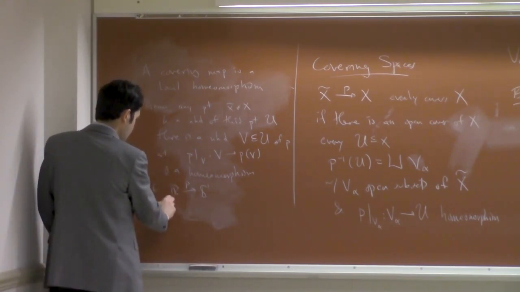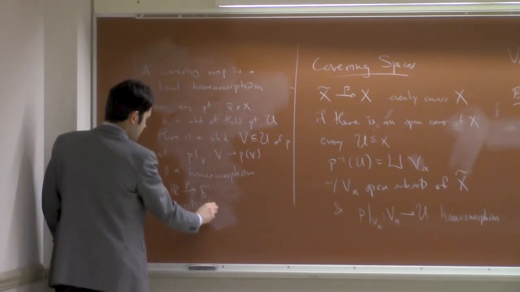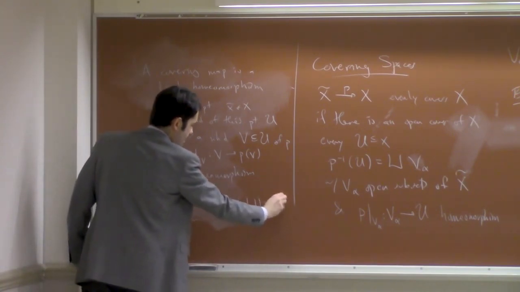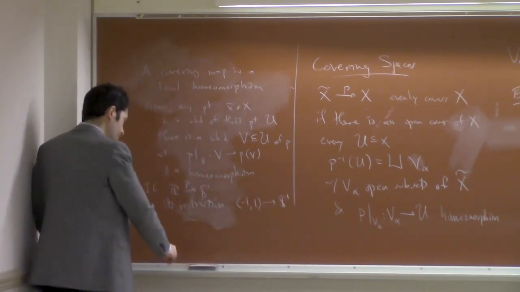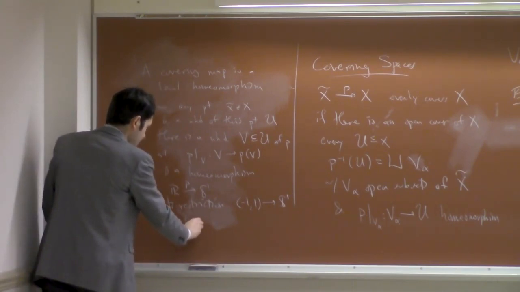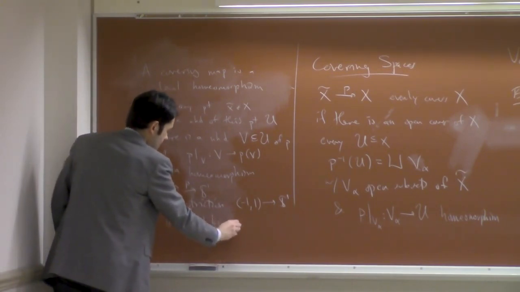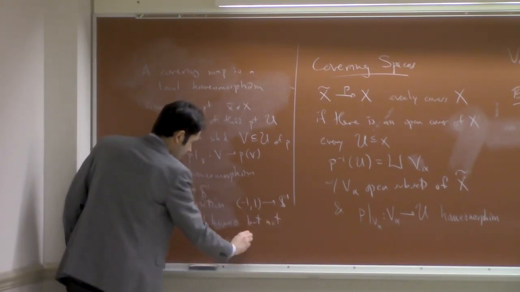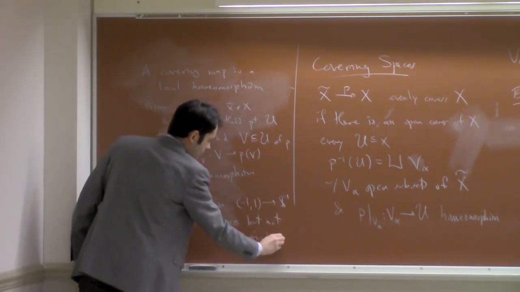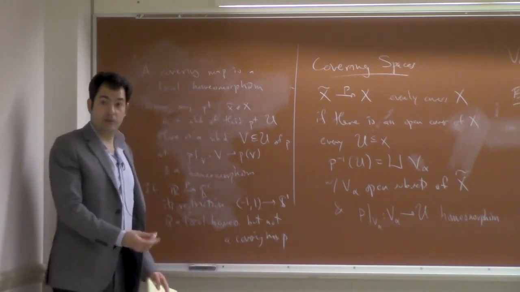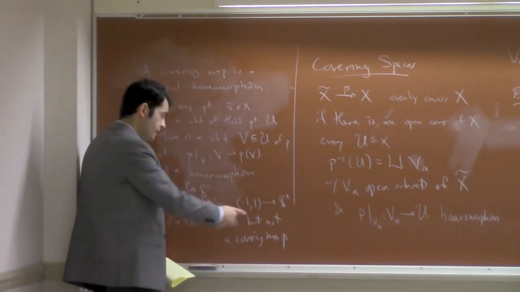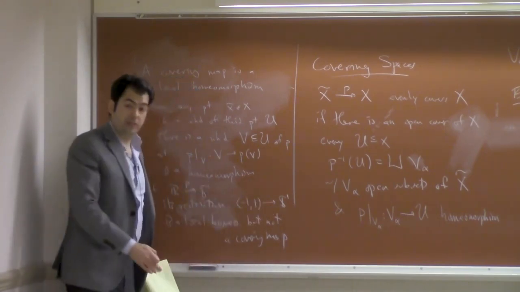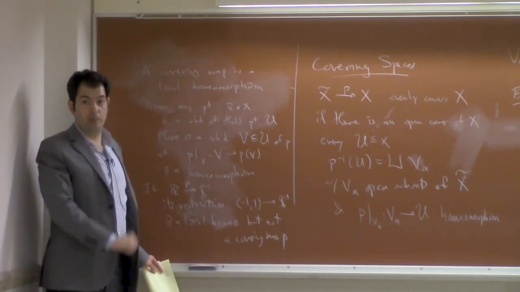Its restriction, say to minus 1, 1, is a local homeomorphism, but not a covering. And you can see that the base point, so 1, if you view this as sitting inside the complex plane, that is not evenly covered.